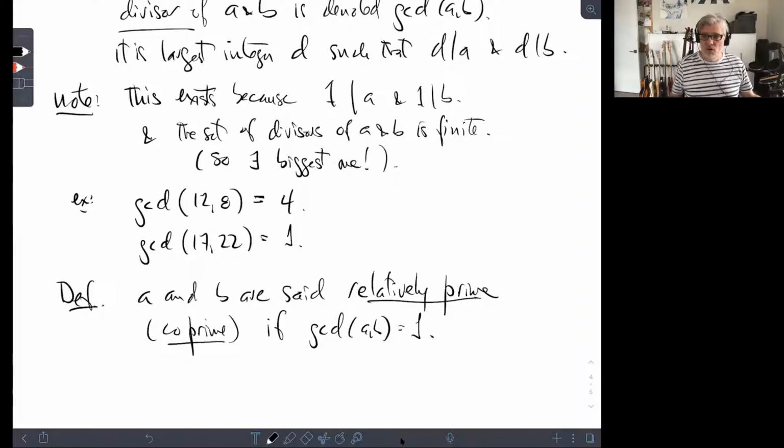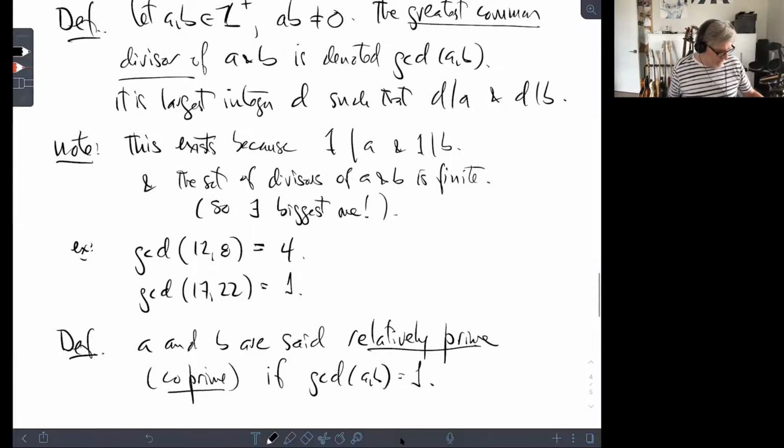Okay, so they have no common divisor which is nontrivial. So 1 always divides any two numbers, but we'll say that A and B are coprime or relatively prime if there's nothing else. Okay, like 17 and 22. This is an important and useful concept. We can say a lot of things when relatively prime numbers are involved. We'll see that very soon.